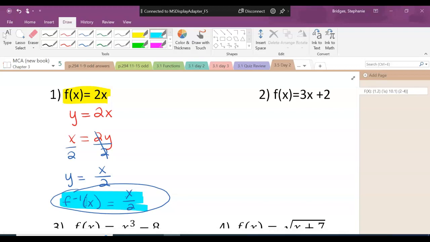All right, I want you to try 2 by yourself. Replace f of x with y. Switch the x and the y. Here, I'll write them up on the board.